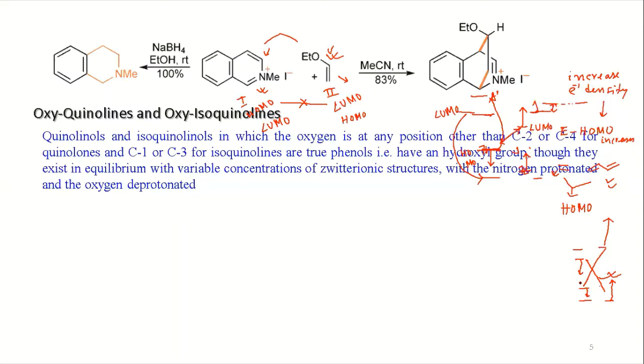If you don't have electron density, the energy levels will be stabilized. And if you have electron density, the energy level will be destabilized. Okay, so that is the situation. So that's why it's not following the regular one. It's just the reverse one.